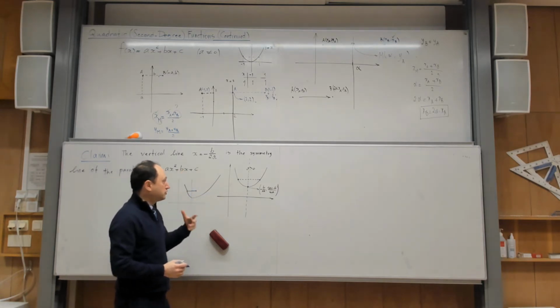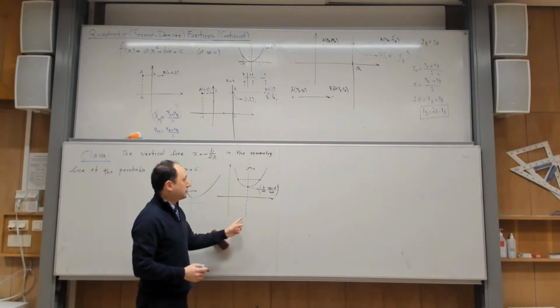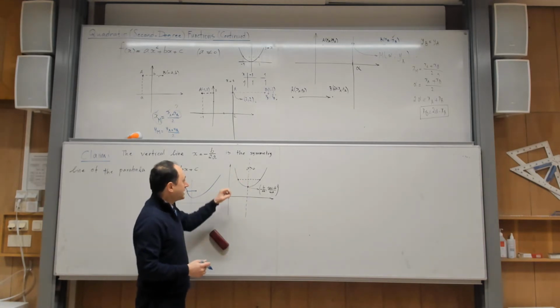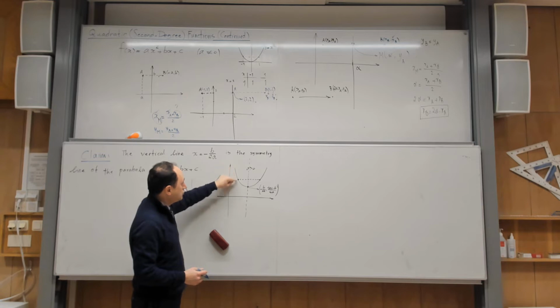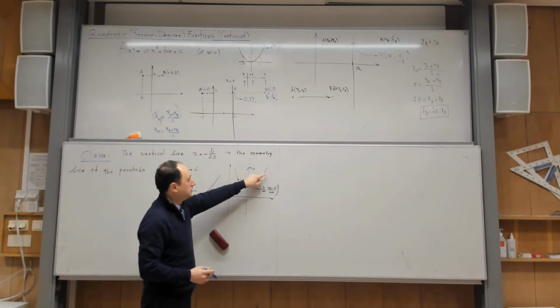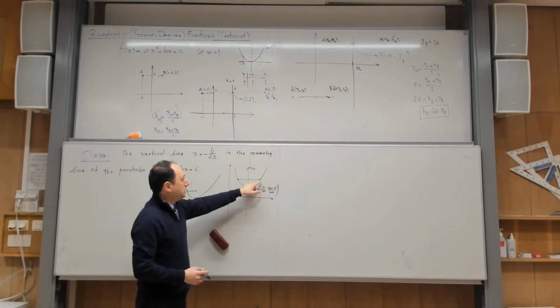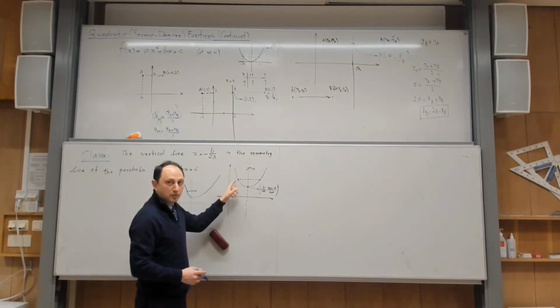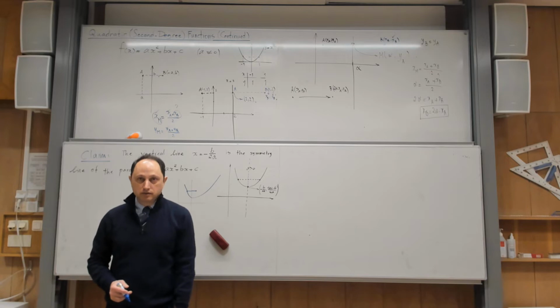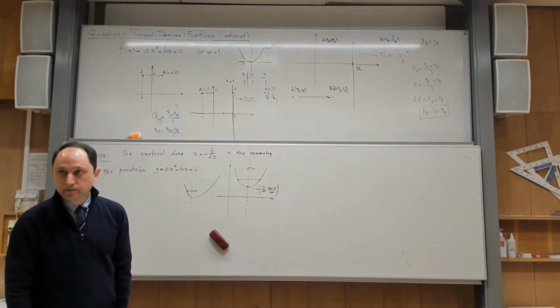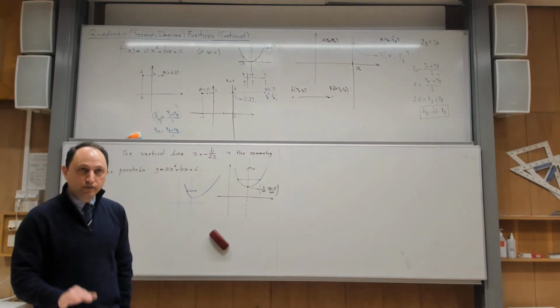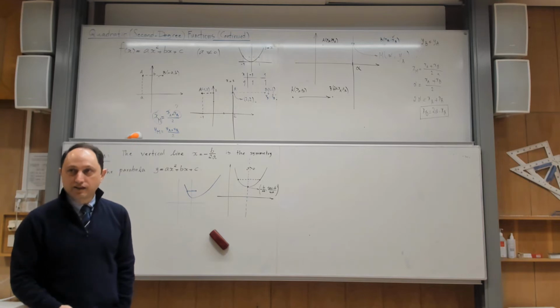So if I want to prove that this line is the line of symmetry, it means that any point you choose on the parabola and find its mirror image with respect to this line will end up on the parabola again. So that is the strategy. Now that you have this strategy, the details are just algebra.